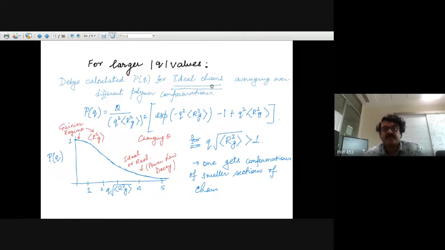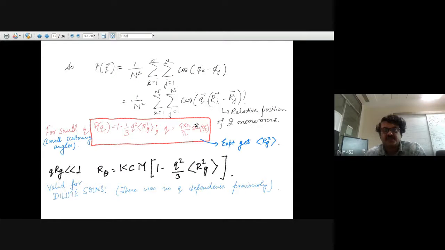Depending upon the positions of the different monomers, if you statistically average over that, that is related essentially to the pair correlation function, and then you're taking the Fourier transform.